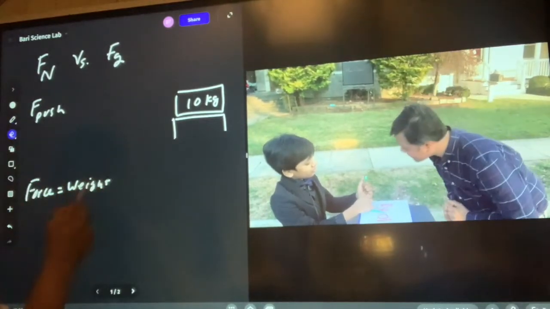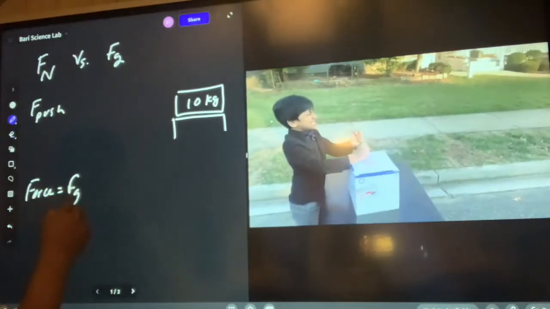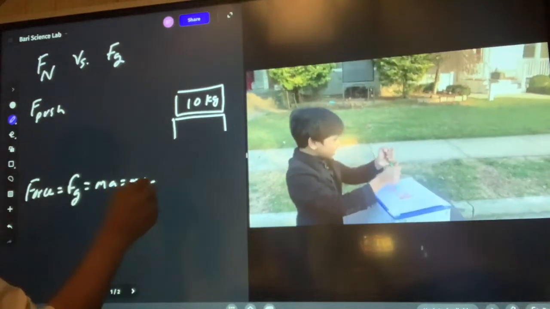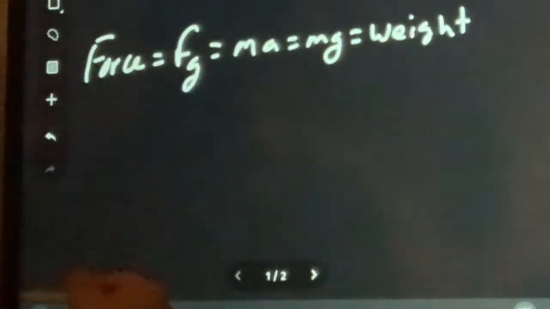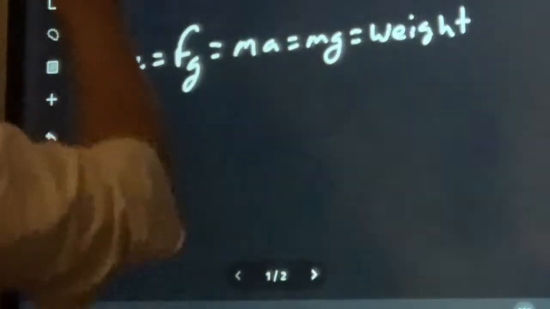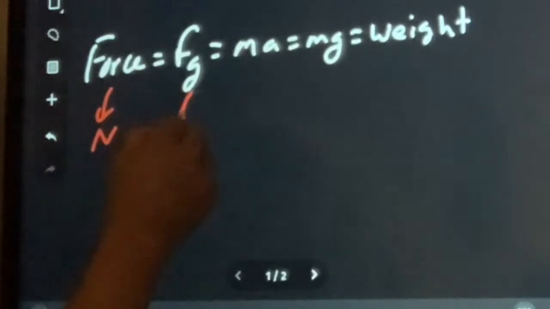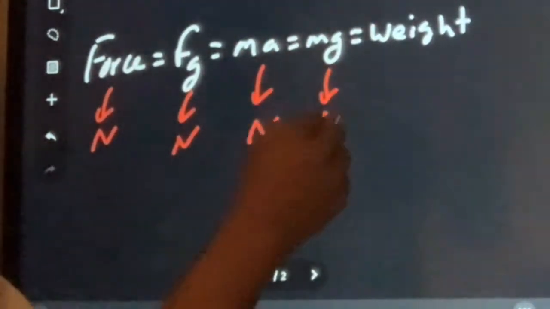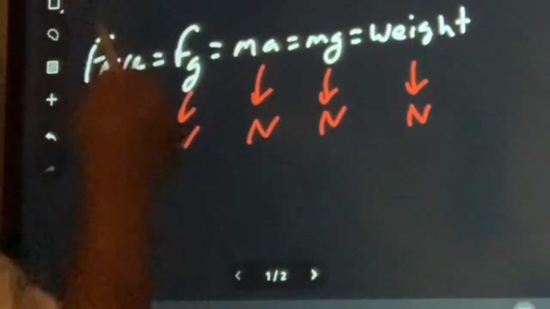We can write it a little differently: force is equal to Fg, which is equal to Ma, which is equal to Mg, which is equal to the weight. The reason is very simple: the SI unit for force is Newton, for Fg is Newton, for Ma is Newton, for Mg is Newton, and for weight is also Newton.